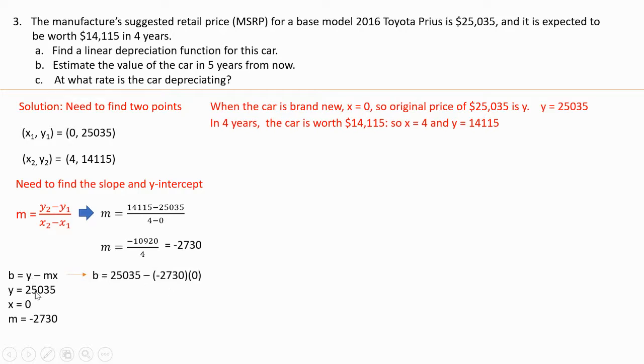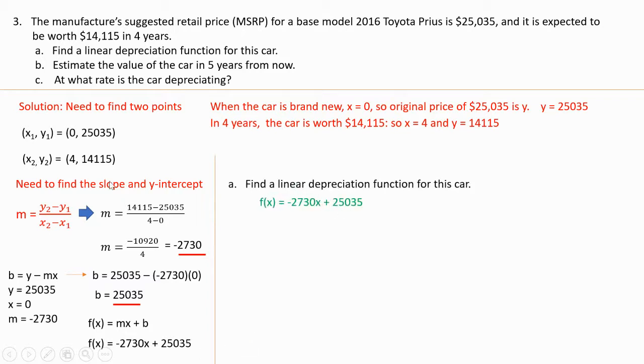So b equals y, 25,035, minus m, which is negative 2730, times x, which is 0. To simplify it, b equals 25,035. So that's my b. There's my slope, there's my b, there's my function. My function will be negative 2730x plus 25,035. So that's the answer for A.